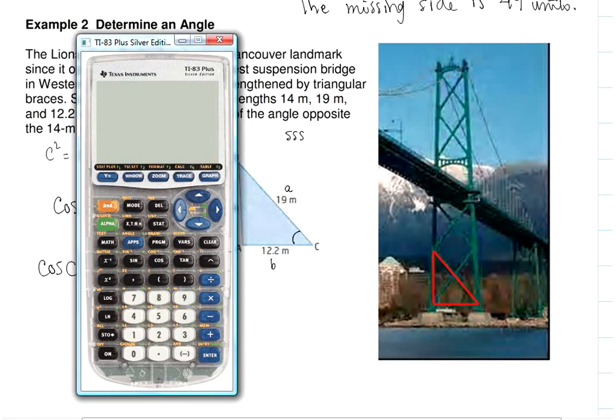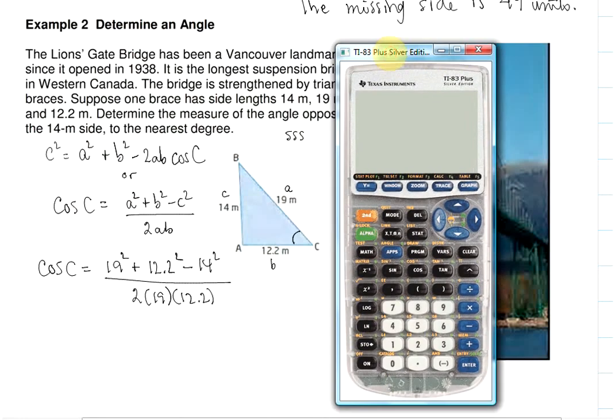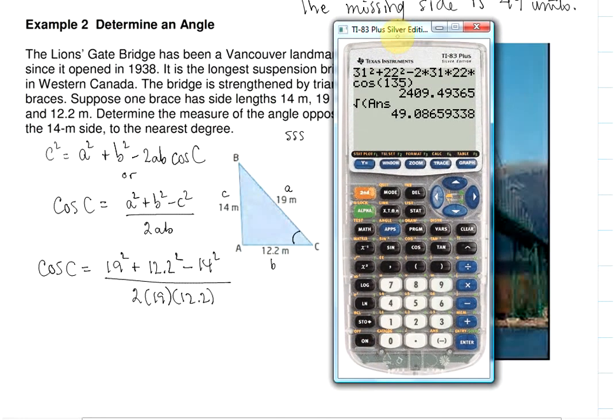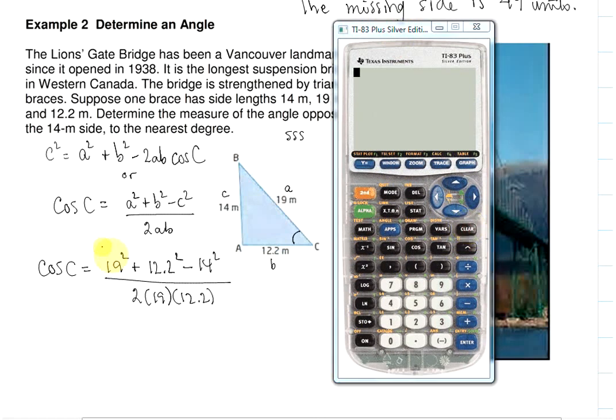Okay, so I'm going to put that in my calculator. And I'm going to put the numerator in brackets and the denominator in brackets.